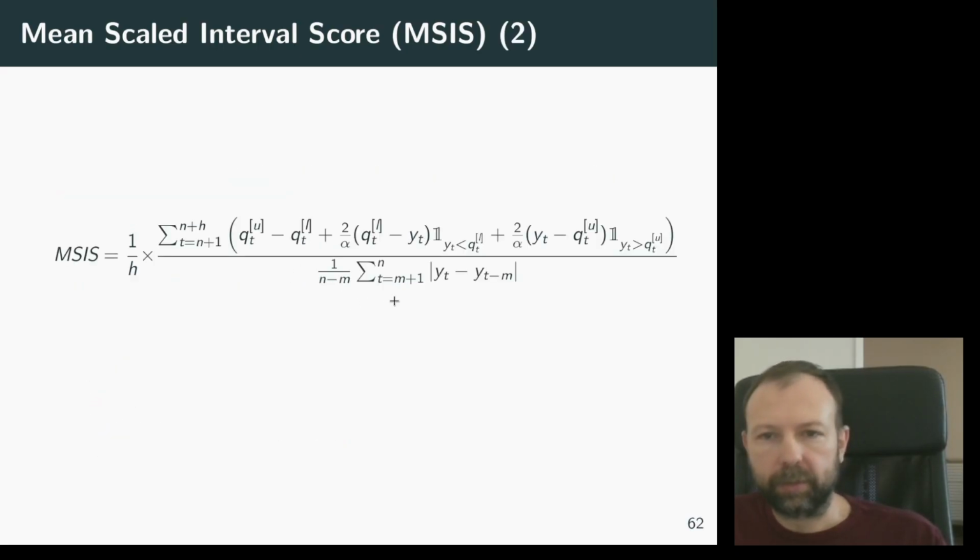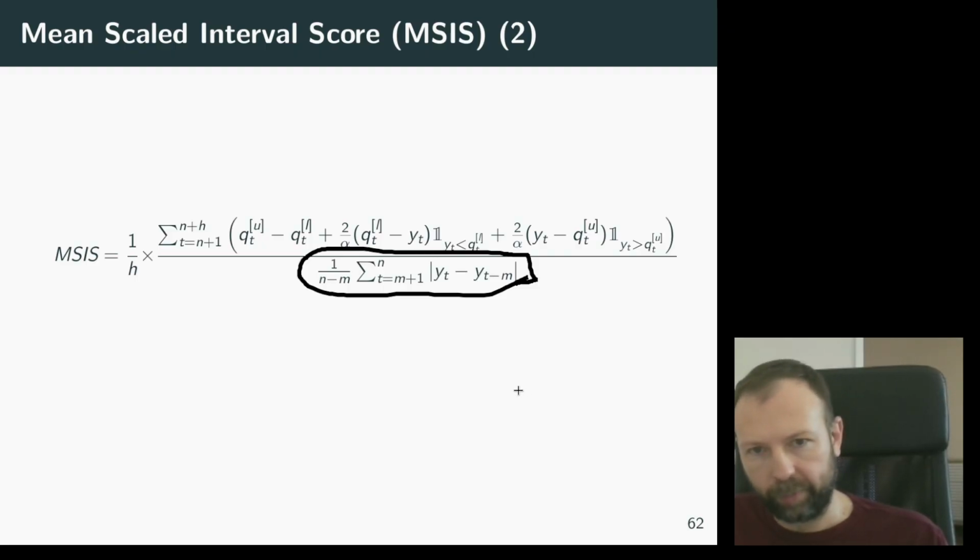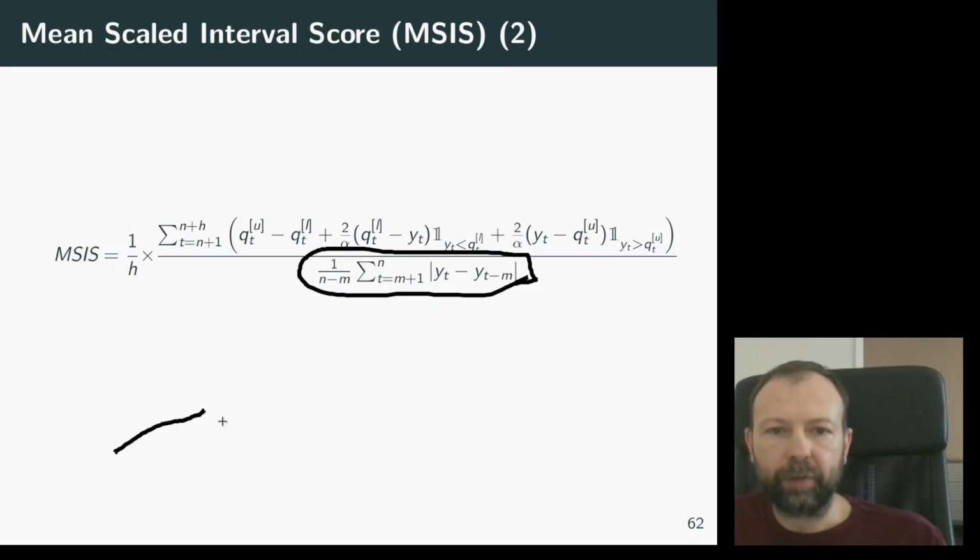So basically, just to make this a bit more clear, the MSIS here just divides by the same in-sample naive average performance as MASE and RMSSE do. Okay, and then up here in the numerator, the idea is the following. You have your prediction interval, and now you have your actuals.